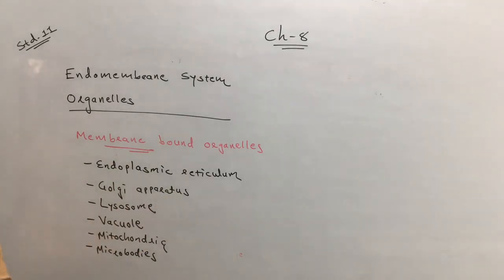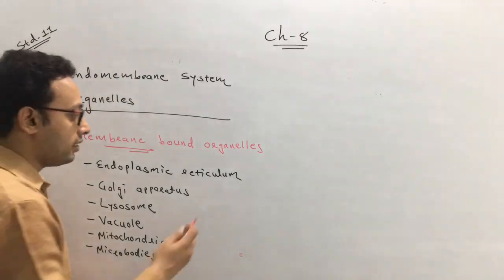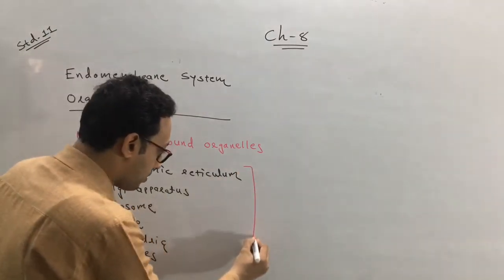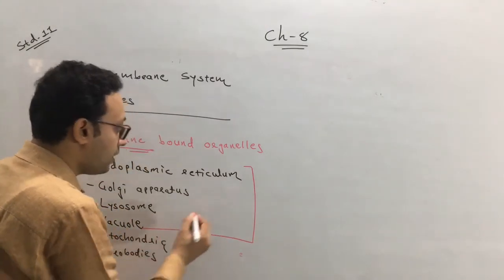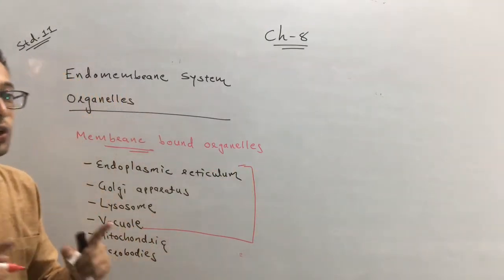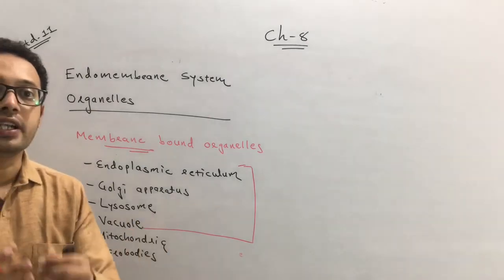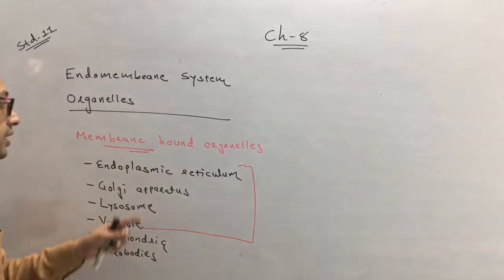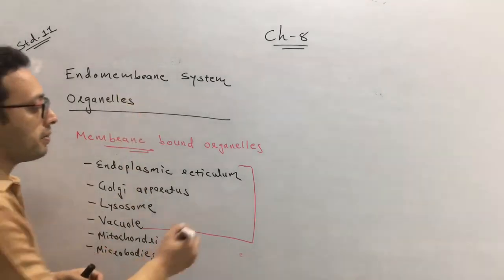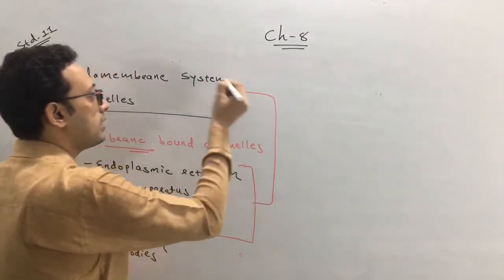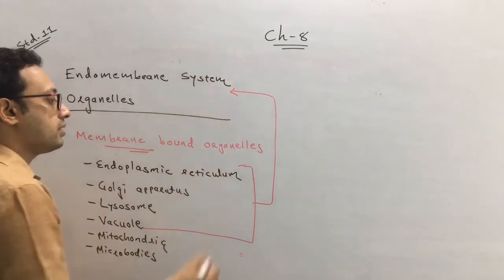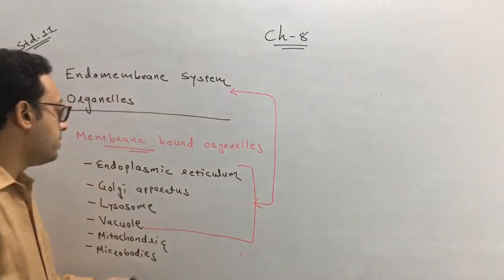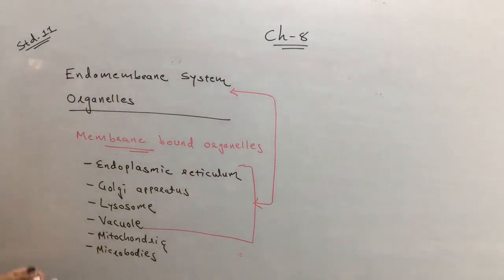But now the question comes: which are endomembrane system organelles? Those organelles which are membrane bound and whose functions are coordinated, functioning in coordination with each other, are called endomembrane system organelles. Which are they?